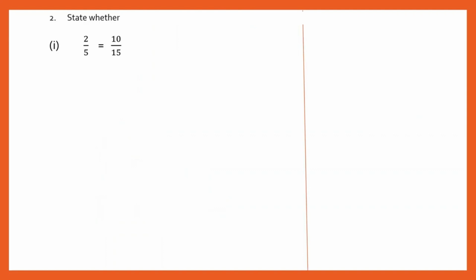Question 2. State whether true or false. Okay, now we're going to use the same system of reducing the fractions to the lowest term. Now the first fraction is 2 by 5, which is already in the lowest term. The second fraction is 10 by 15. Let's see if we can reduce that to the lowest term and what we get. So I'm taking 10 by 15 here. I'm dividing both by 5.